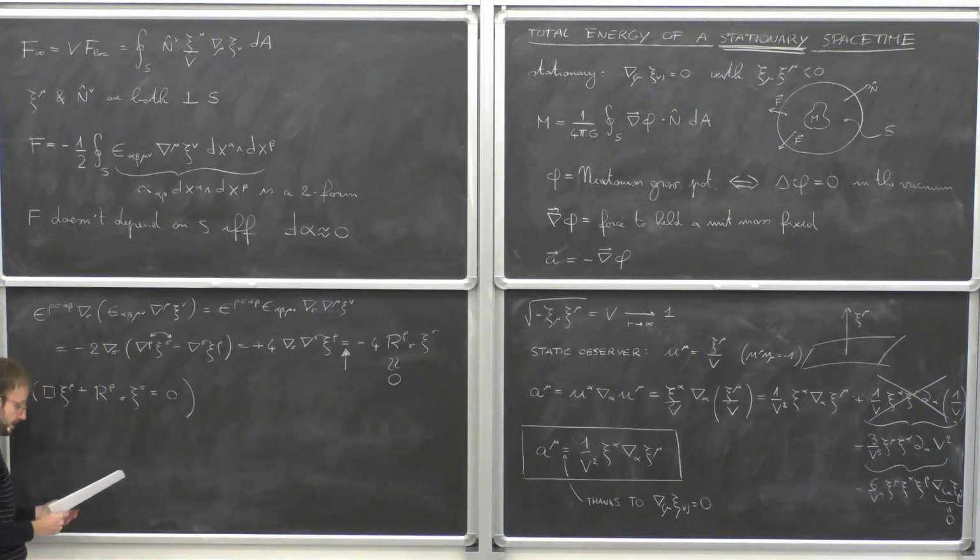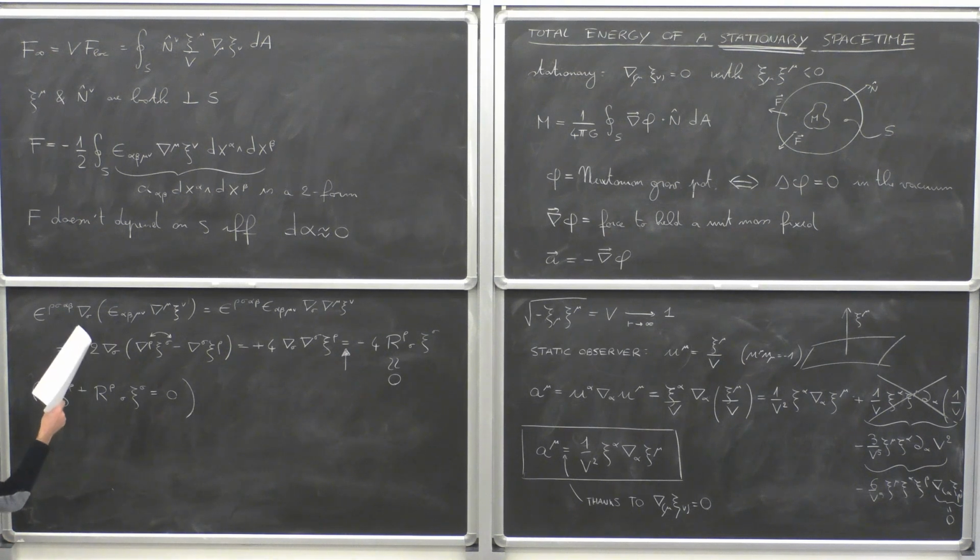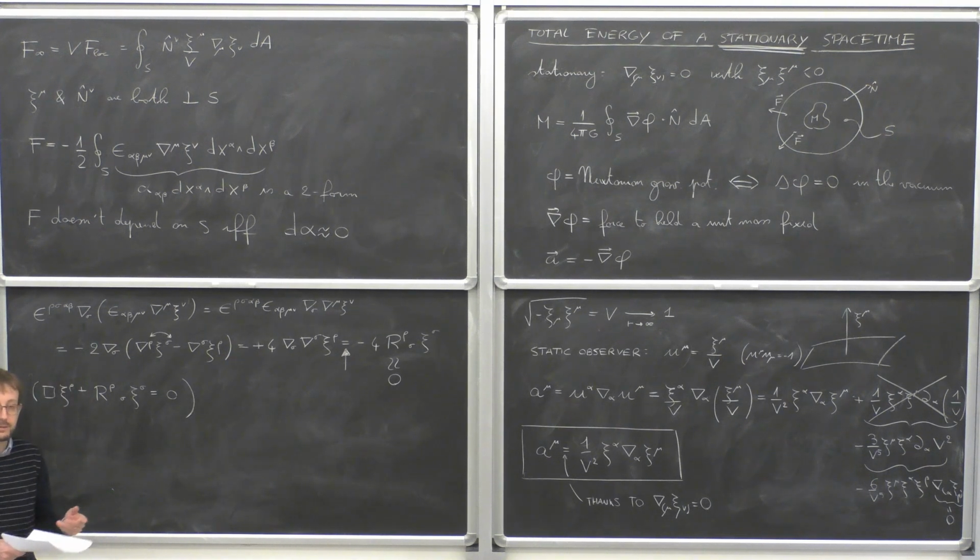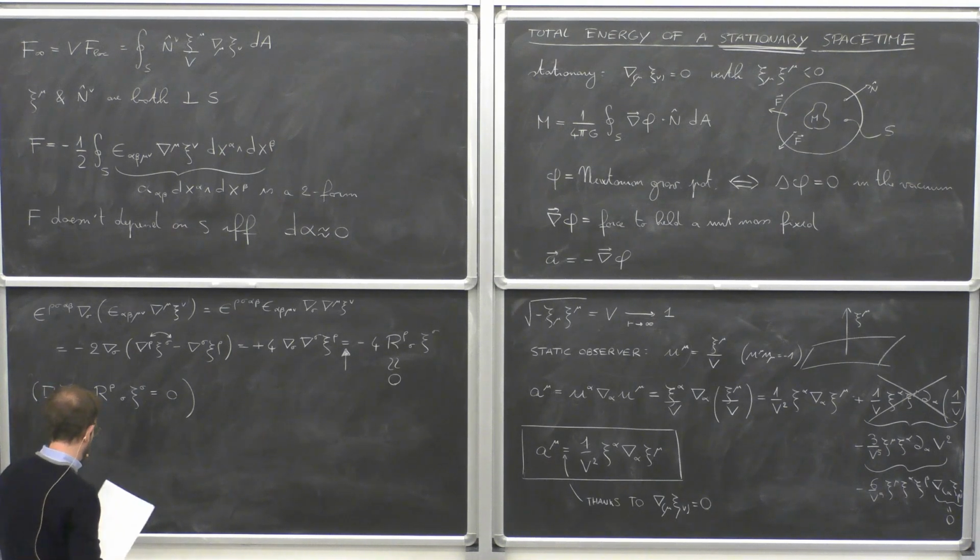So you see that we are recovering a situation similar to the one that we have seen in the case of the Noether tensor, but with an important difference: now I'm not integrating a current over a Cauchy surface anymore, but I'm integrating, in this case, a two-form. In general, it will be a d minus 2 form over a surface of codimension 2. So this will be the correct way of defining charges in general relativity.